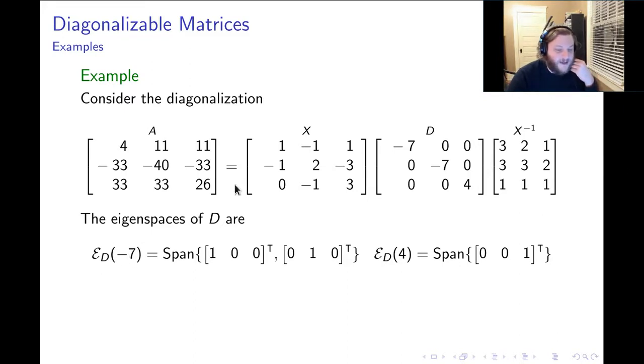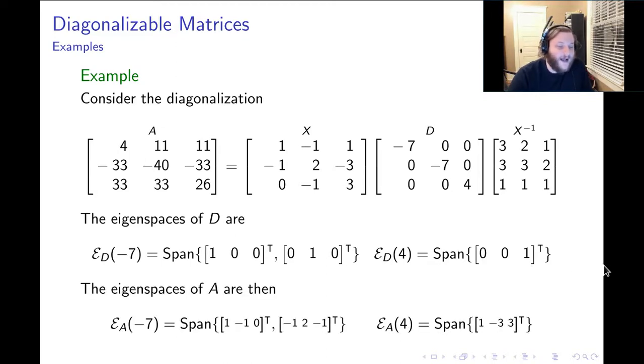For lambda equals -7, our first eigenvalue, the eigenspace is spanned by 1, 0, 0 and 0, 1, 0. And for lambda equals 4, which is our third diagonal entry of D, the eigenspace is spanned by 0, 0, 1.